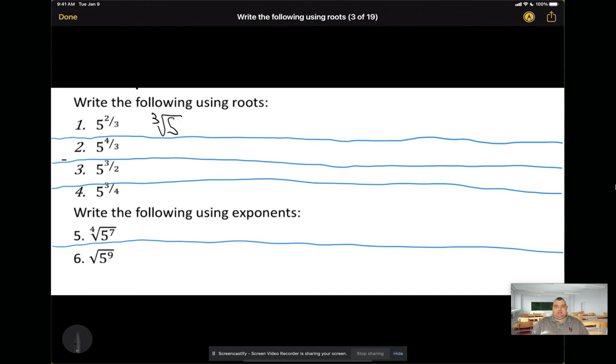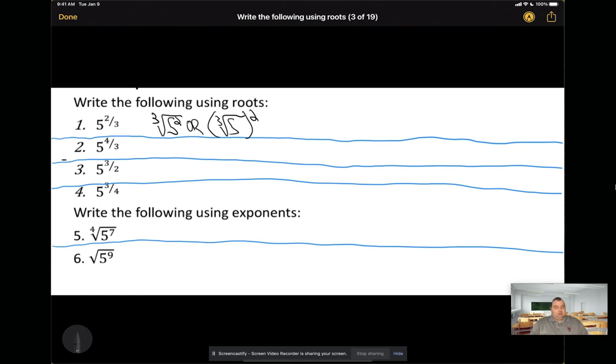The numerator is a 2, and the 2 tells me the exponent. The exponent can either go inside the root or outside the root. Either one of these would be considered correct. The key is the exponent could go inside or outside the root.